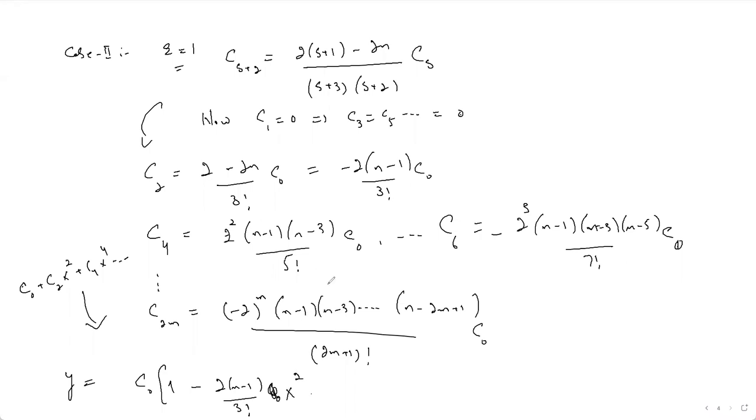The another term c4 will be plus 2 to power 2, n minus 1, n minus 3 divided by 5 factorial, x raised to power 4, plus some other terms.